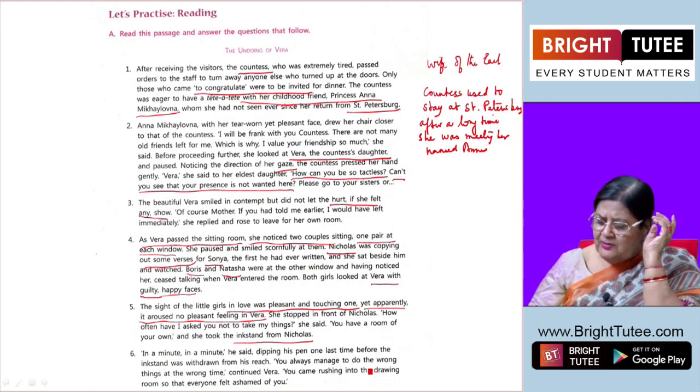She said, "You always manage to do wrong things at the wrong time. You come rushing into the drawing room so that everyone felt ashamed of you." She started rebuking him, that he is so careless that he comes rushing inside the room without taking permission and people feel ashamed of him.